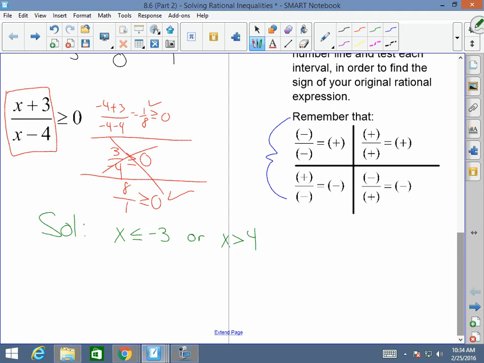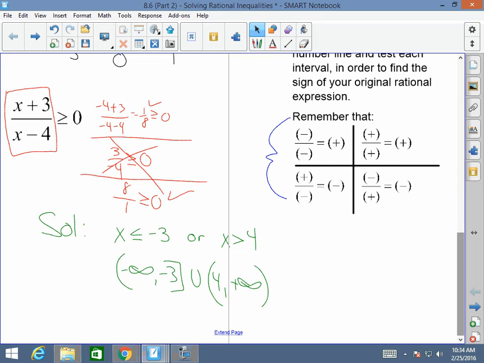But that's old school notation. That's Mickey Mouse notation. Real notation is going to be interval notation. So I've got from negative infinity to negative 3, in brackets because it's less than or equal to, in union with parentheses 4 to positive infinity.